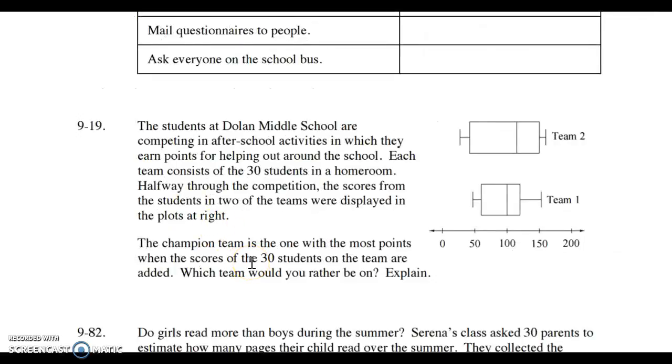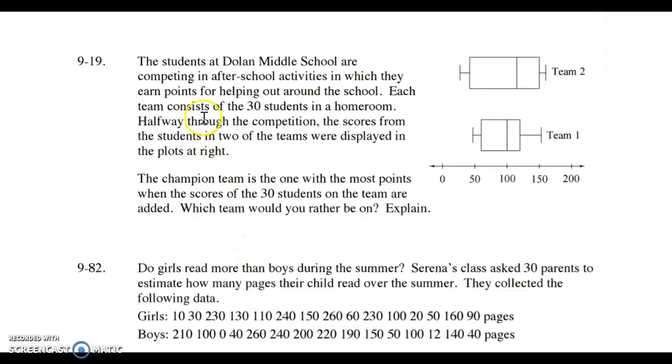With this question, the students at Dolan Middle School are competing in an after-school activity. They're comparing the points earned by each student and trying to figure out, well, which team should we be on? Which team is going to have more points in the end? So which team would you choose to be on? Well, Team 2 has a greater spread of data than Team 1.